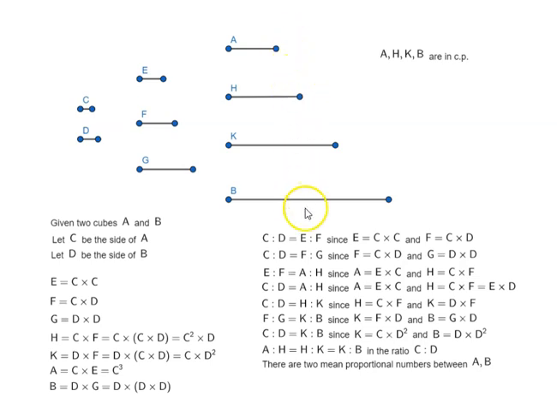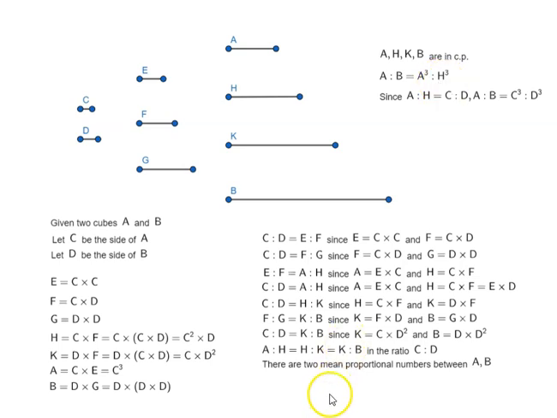And since they are in continuous proportion, A is to B is equal to A cube is to H cube, but A is to H is equal to C is to D. So we can say A is to B is equal to C cube is to D cube.